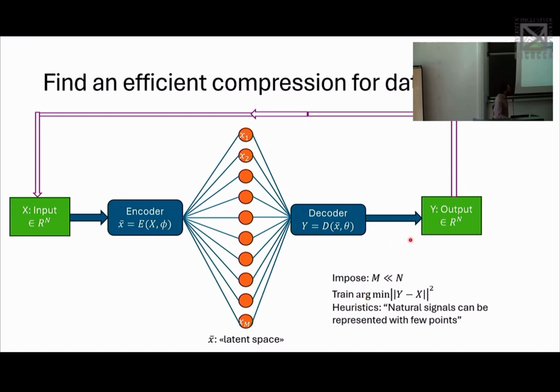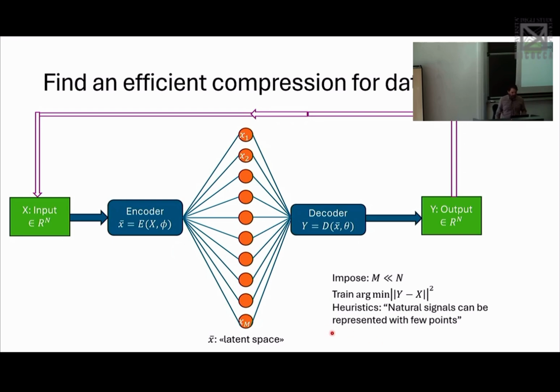And you train, because you can train this, you have two sets of parameters to be learned, phi and theta, and you optimize these parameters so that the output is as close as possible to the input. So you have a tool, a function, that given an input still produces the same input. And this per se is not super interesting.